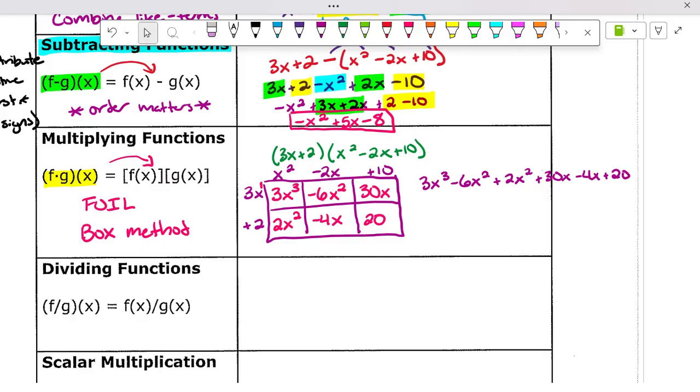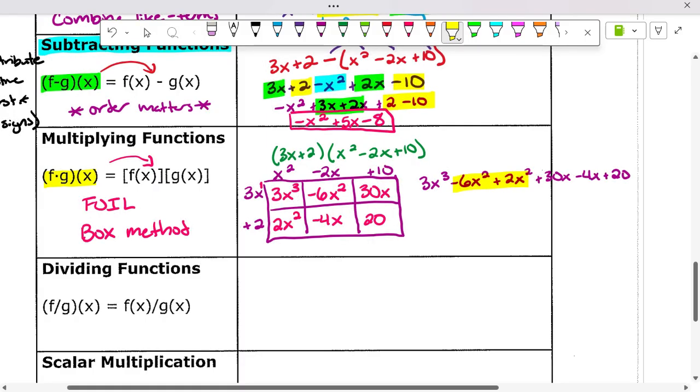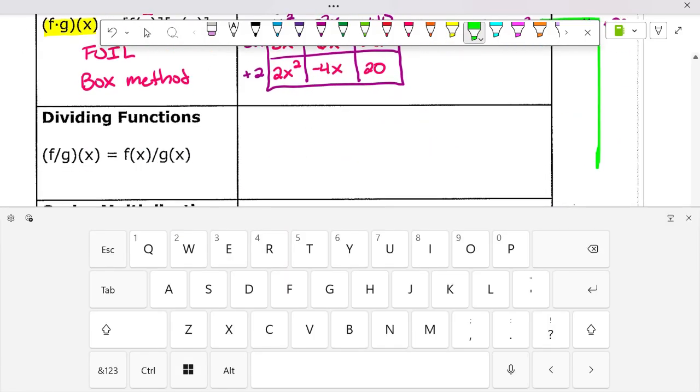All right. Now, what's my next step from there? I'm not quite done yet. What's the last thing I've got to do? Combine the like terms. My only like terms are my squareds and my x's.